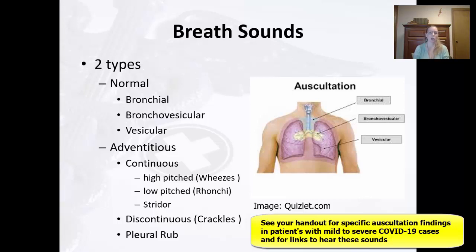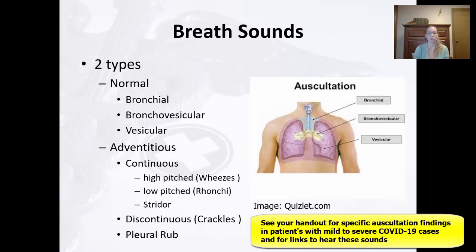It can also occur in patients with asthma when they're having an asthma attack. And so stridor is something that you would want to have the patient immediately seek medical attention.